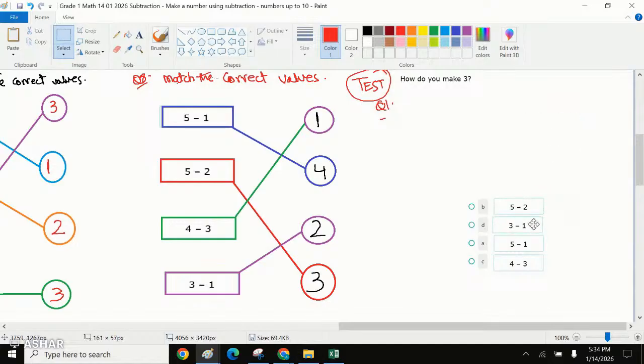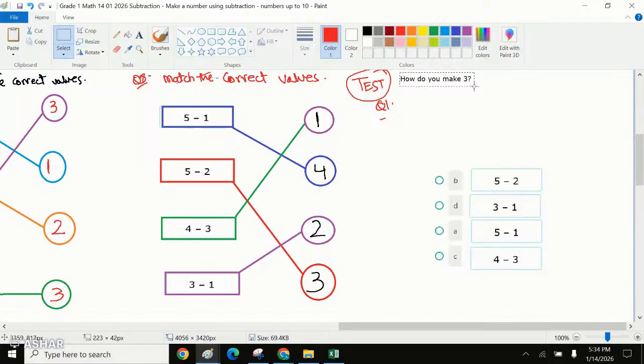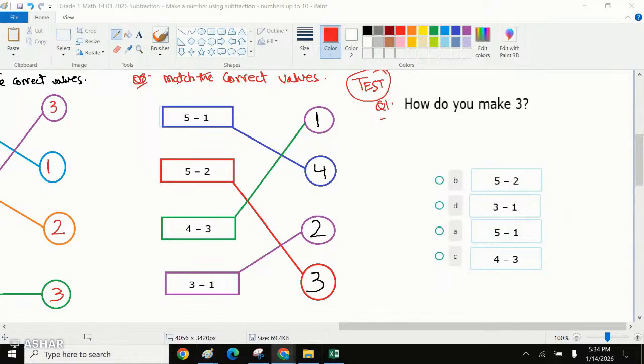I just realigned the questions so that we have our options right in front of us. The question is saying, how do you make a 3? I'm just trying to make it more readable for you. Is 4 minus 3 equal to 3? 4 minus 3 would be 1, right? 5 minus 1 would be 4. 3 minus 1 would be 2.